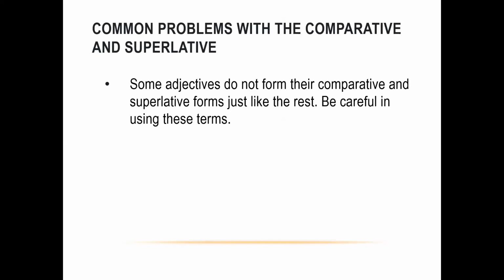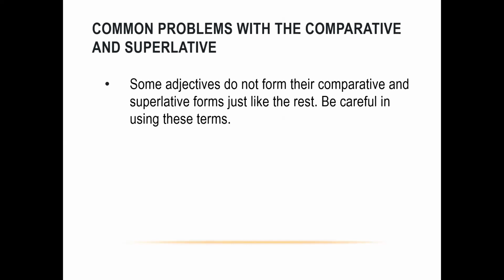Now, we will be discussing the common problems. Common problems with the comparative and superlative. Ito yung mga ma-encounter natin na confusions because there will be a lot of confusion here. So let's try to identify which are those.